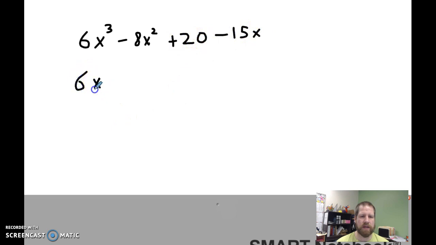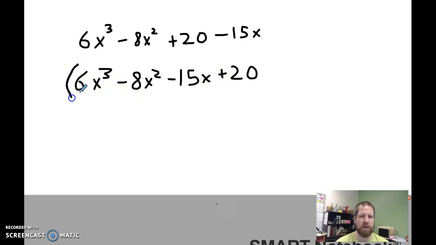So 6x cubed minus 8x squared minus 15x plus 20. I'll go ahead and group them, and I'm actually going to include this negative sign inside my grouping and then put a positive between the two.